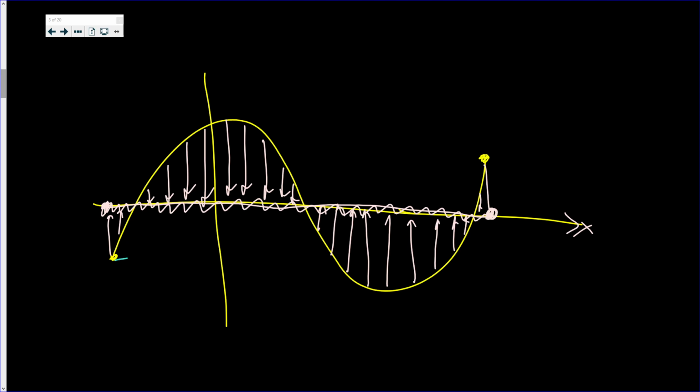For the range, I would go to the y-axis. I take every point, or I would imagine if I took every point, and I go to the y-axis.